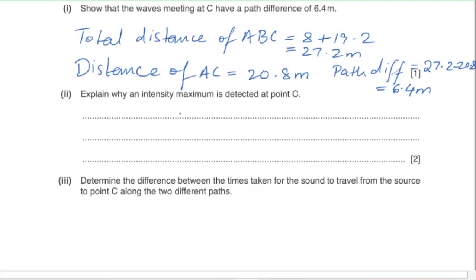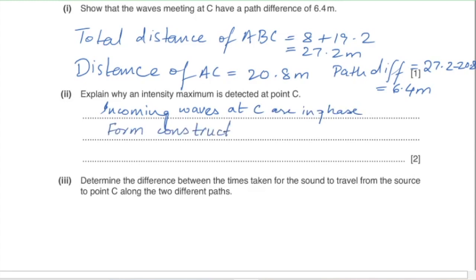So I can reason that the incoming waves at C are in phase. They form constructive interference.